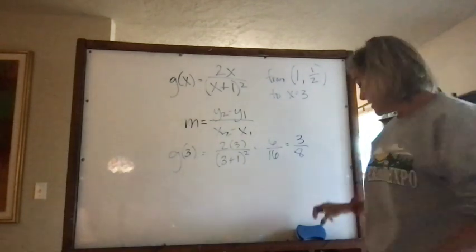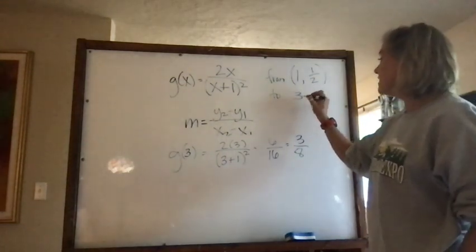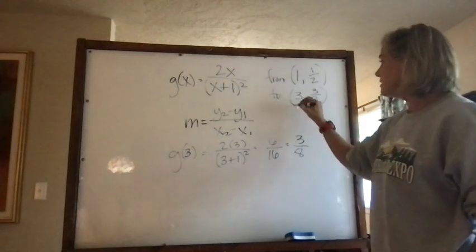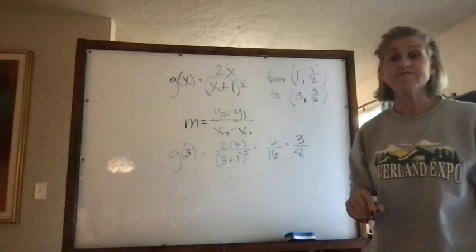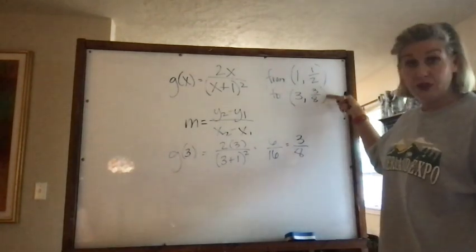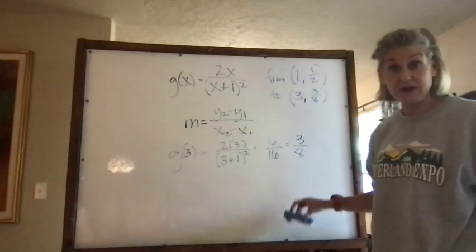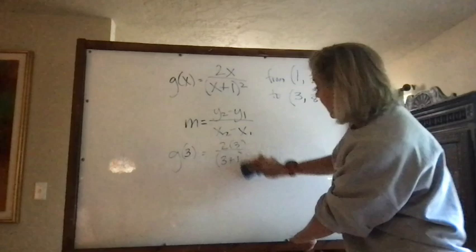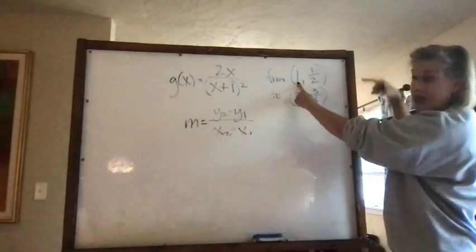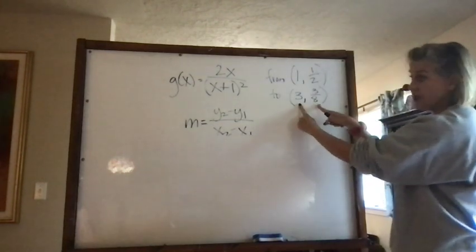So that means the other point, when x is 3, my y, or my output, is 3 over 8. Now I have 2 separate points in space, and I can use those to find the average rate of change. So I'm going to take, here's an x, here's a y, here's the other x, here's the other y.